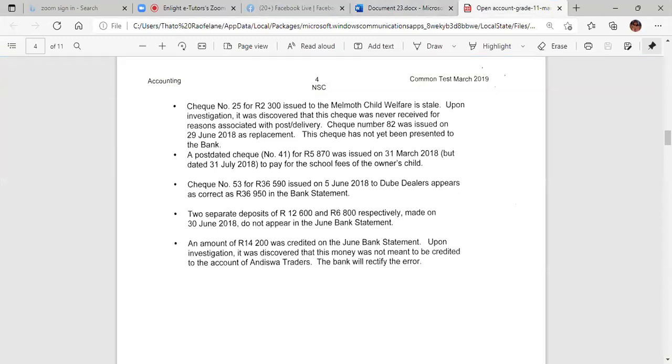And then a post-dated check is a check that's written for a future date. This check, we've already given it to somebody, we've already issued it, but it's dated 1 July 2018. So this 5,870, we did not record it this month on the bank account.